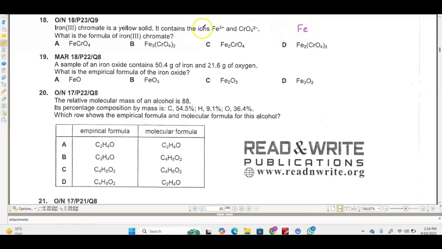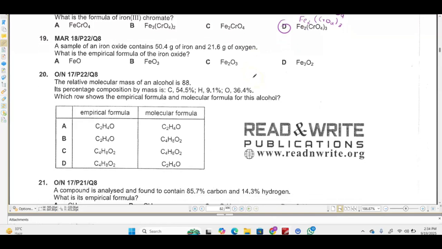Iron in iron(III) chromate is present as Fe+3, and chromate is CrO4 -2. So if we cross these oxidation states, we are going to get Fe2(CrO4)3. Okay. So D is going to be our correct option for this.